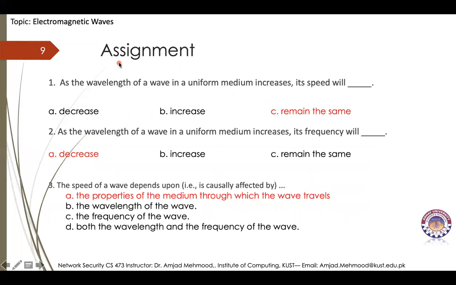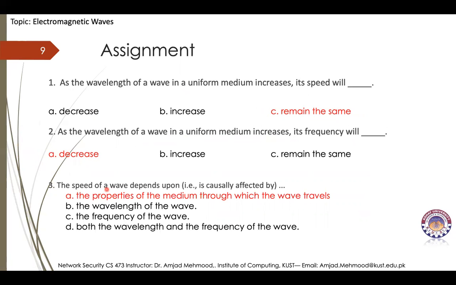Now, this was the assignment, if you remember. As the wavelength of a wave in a uniform medium increases, its speed will be... So these were the 3 options. The correct answer is: remain the same. As the wavelength of a wave in a uniform medium increases, its frequency will decrease.